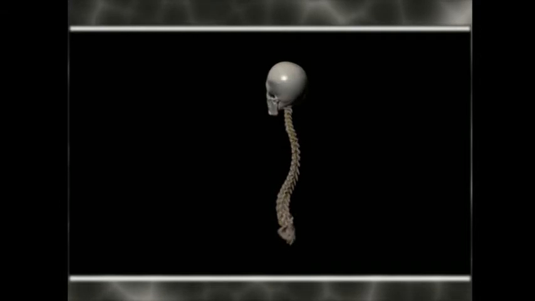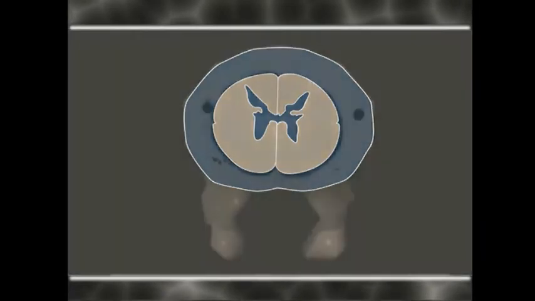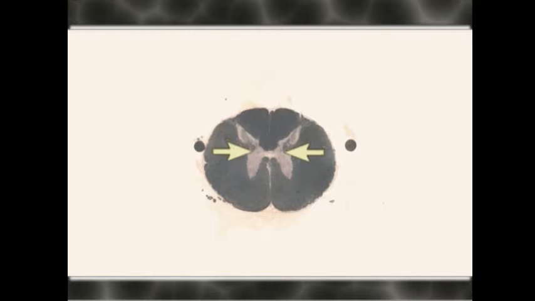The consequence of this is that if you look at an adult spinal cord, and this is a Weigert stained section through a human spinal cord, what you see right in the center is the remnant of that hole in the neural tube. What you see that is light in this section that looks a little bit like a butterfly are the neurons which are making up the nuclei in the spinal cord. And last of all, the darkly stained areas on the outside represent axons traveling up and down the spinal cord.